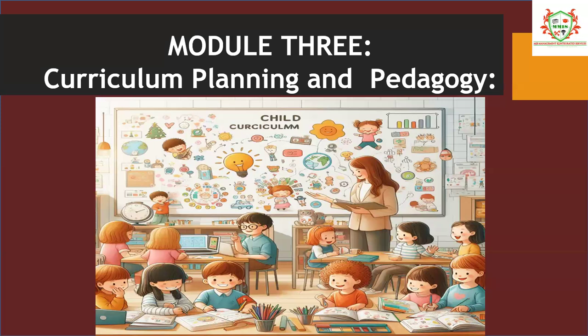The last one is evaluation and revision. There is no way a curriculum can be complete without evaluation and revision. Time after time, you go back periodically to review what you have done, how effective it was, whether it aligns with educational standards and best practices.